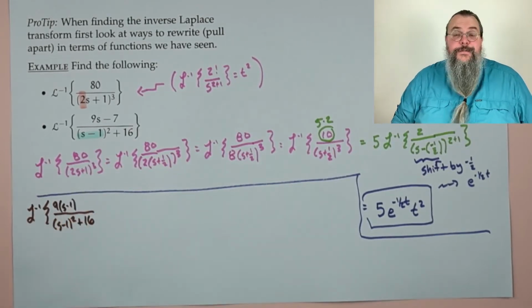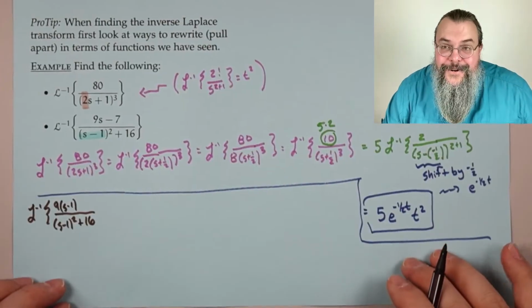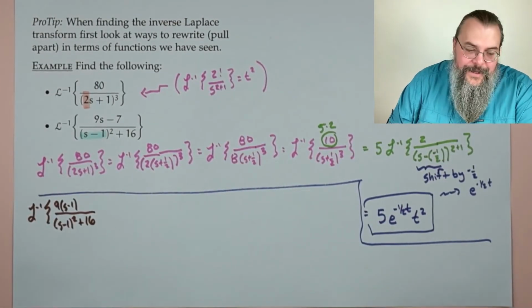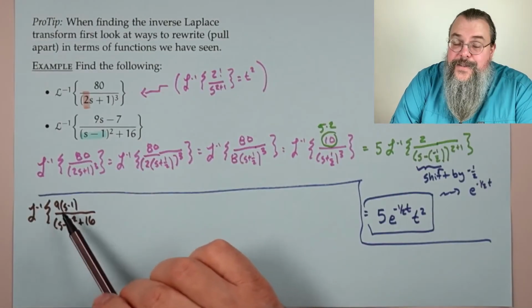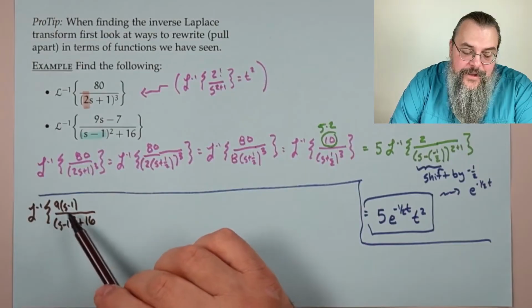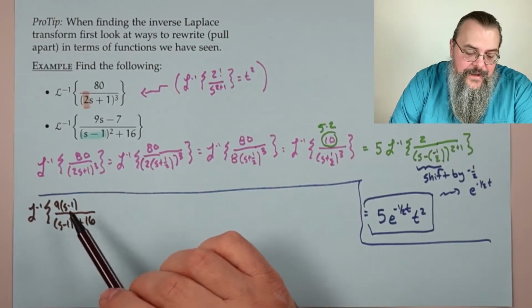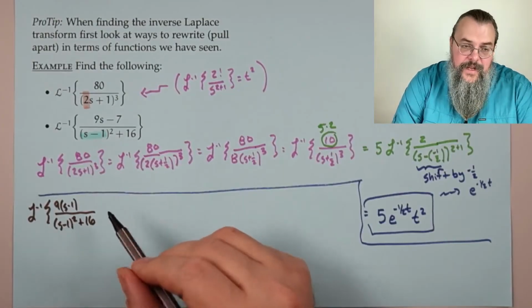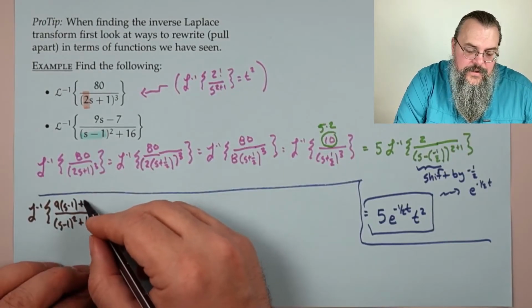And now at this point you're saying, oh, Stephen, I don't know. Well, what's wrong? Well, because that's 9s minus 9. You're right. We need to fix that. So after you make the change, you put in a fix. So to get to 9s minus 7, and here's 9s minus 9, you add 2.